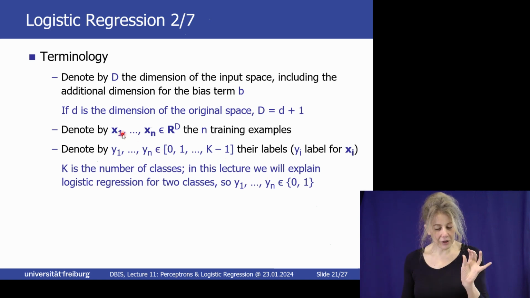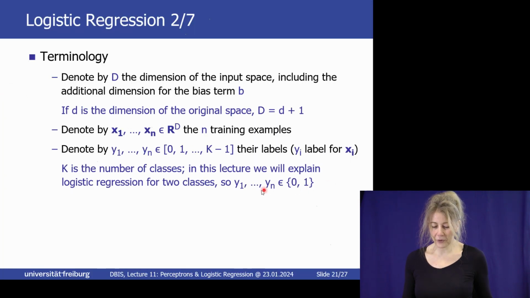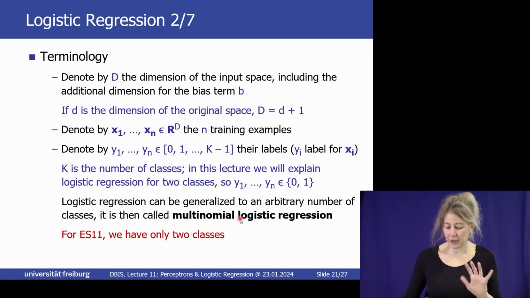So for each, I just get 0 or 1, and it's exactly how it's written in the file: 1 is funny, positive, 0 is not funny. That's our input. I think that's easy to understand. There is a generalization, but we won't do that today.